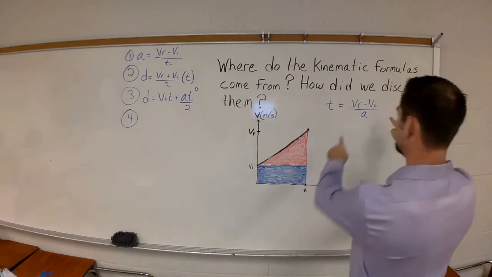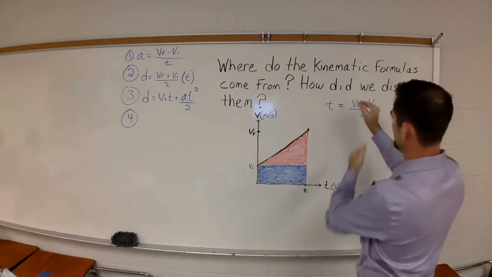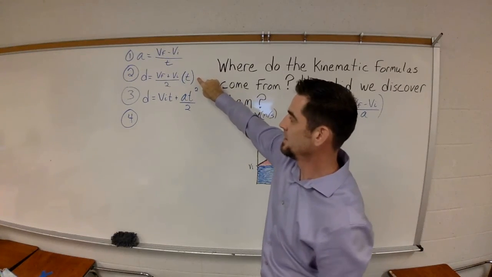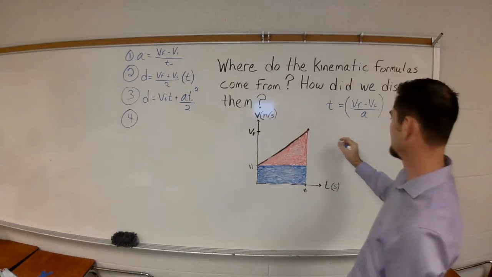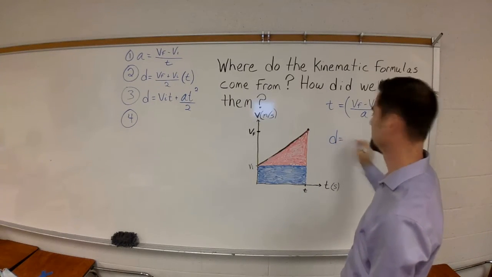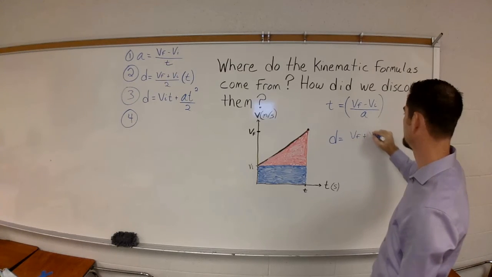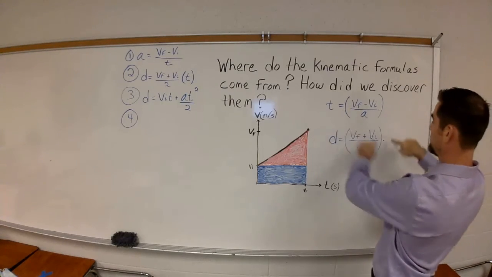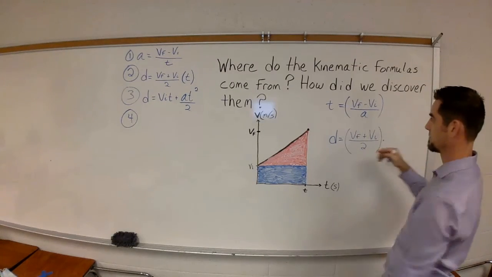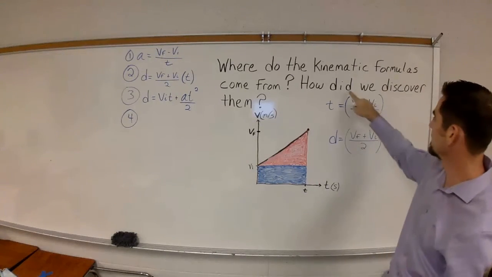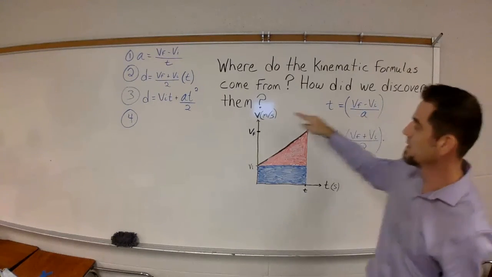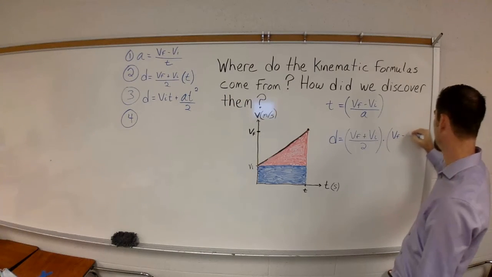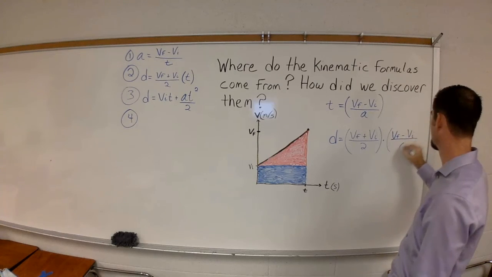And now we can substitute this term for time in our second equation. So that gives us distance is equal to final velocity plus initial velocity over 2, multiplied by this whole term here, because we're substituting this term, which is equal to time, for time right here: final velocity minus initial velocity over acceleration.